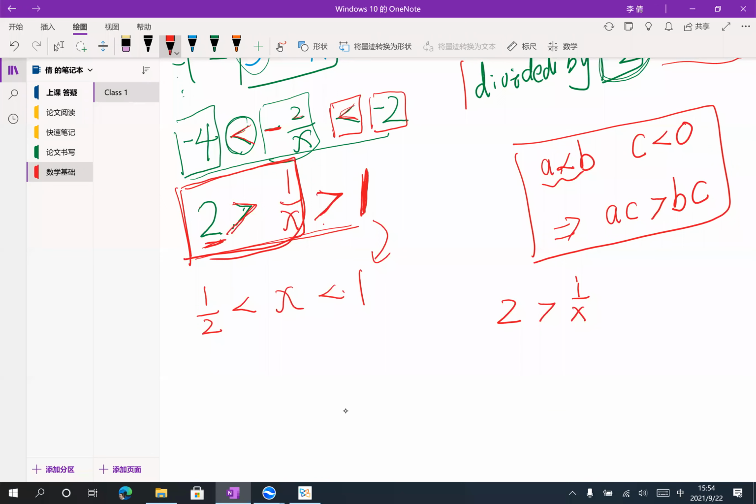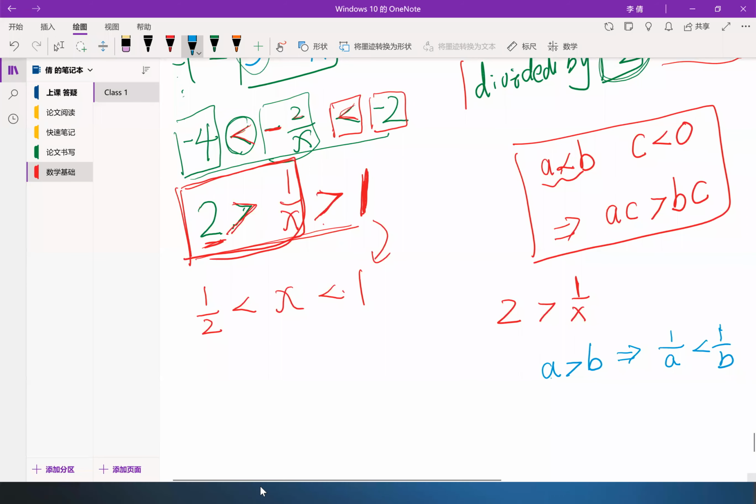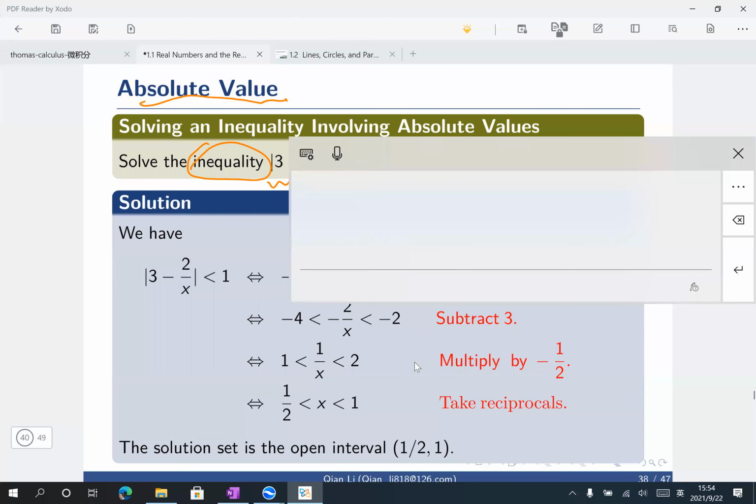For this, we can use this property: if A is larger than B, and A and B are positive, then it implies 1 over A is smaller than 1 over B. This is the property, right?